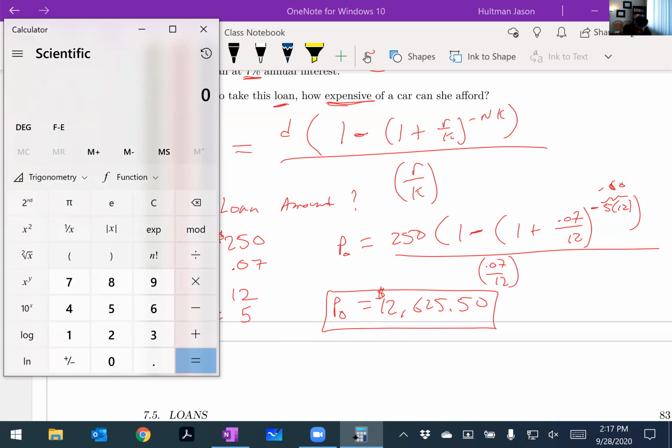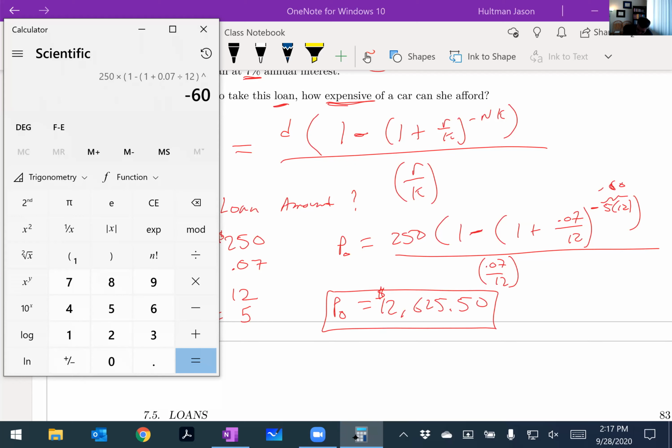And I'm going to say that this is 250 times first parenthesis 1 minus second parenthesis 1 plus 0.07 divided by 12, close first parenthesis. Now I've got to raise that to the negative 60th power. I'm going to plug in negative 60.